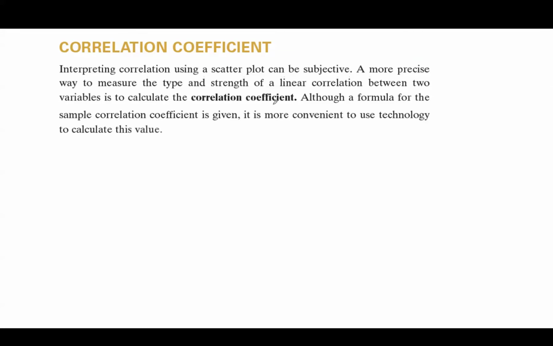For now, we're going to delve into the basic math behind it, and later on we're going to show you how to use a calculator or software to compute the correlation coefficient. Let us define the formula first.